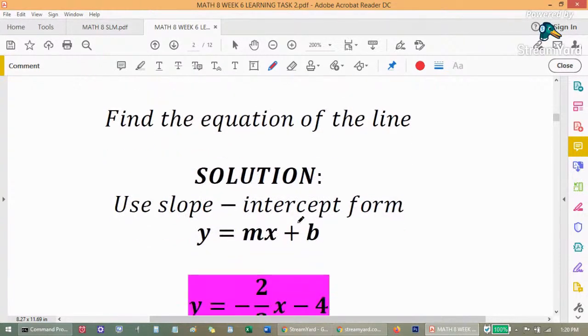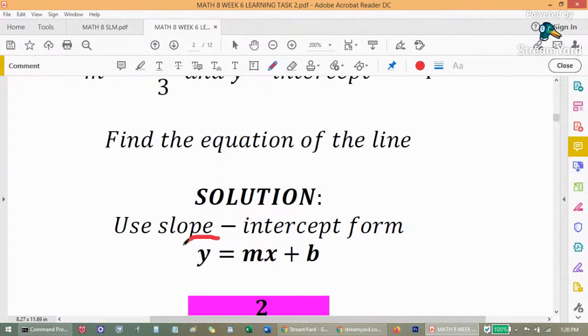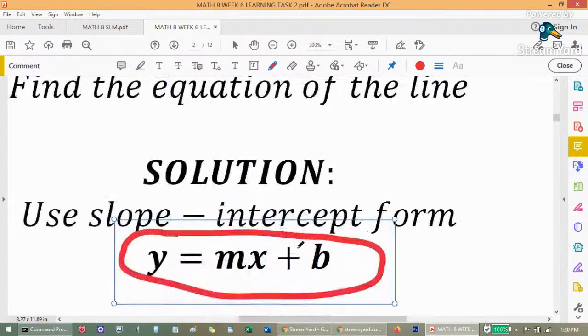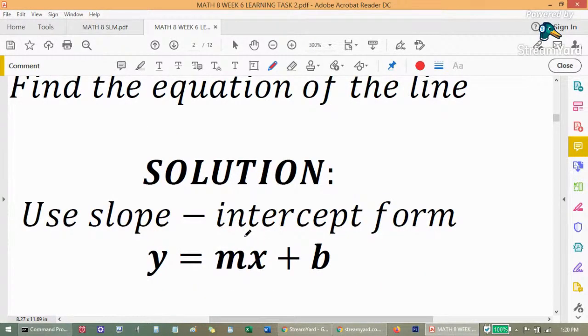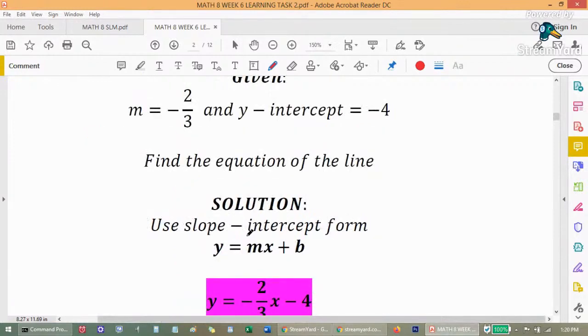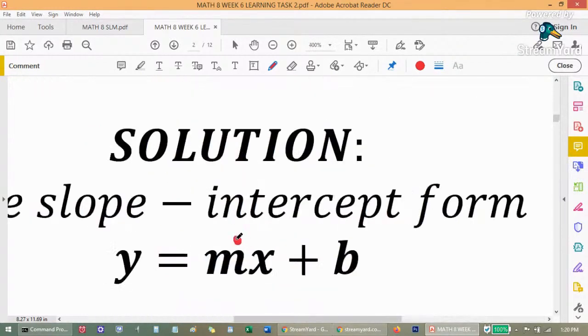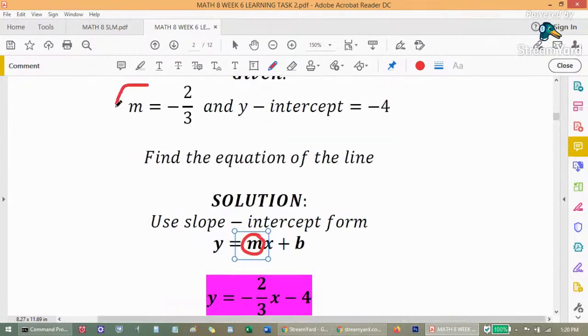So, ito ang gagamitin natin. Y is equals to mx plus b. So, right there, papalitan lang natin itong m ng negative 2/3. Okay?